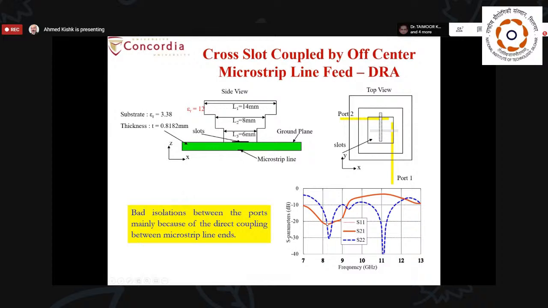You can see that S21 is good only between 8 and 9, but over here it is really worse, even reaching 5 dB. So although I have two orthogonal slots, I couldn't have wide band isolation between the two excitations or the two polarizations, although I have a wide band element.